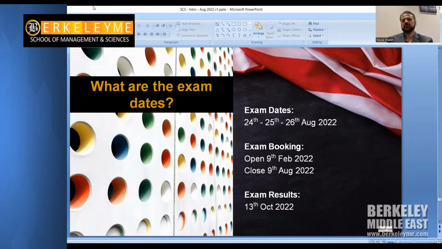So exam bookings are open from 9th February, and they're going to close 9th of August. And in between, we will complete your document formalities. And you can see that if you give your exams at the end of August, the results come in September and October.